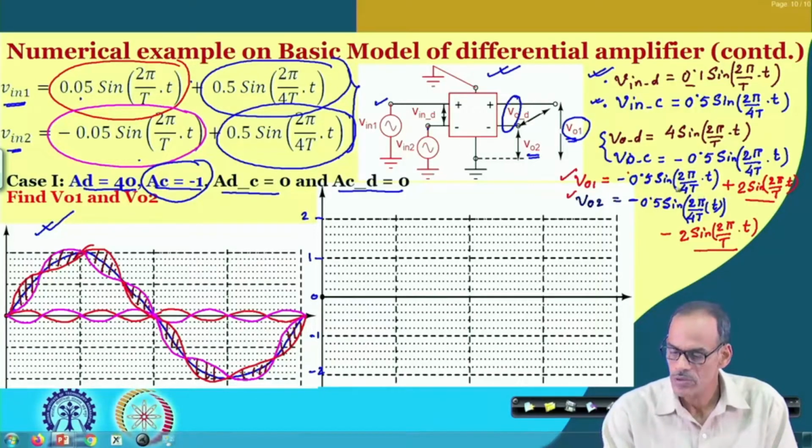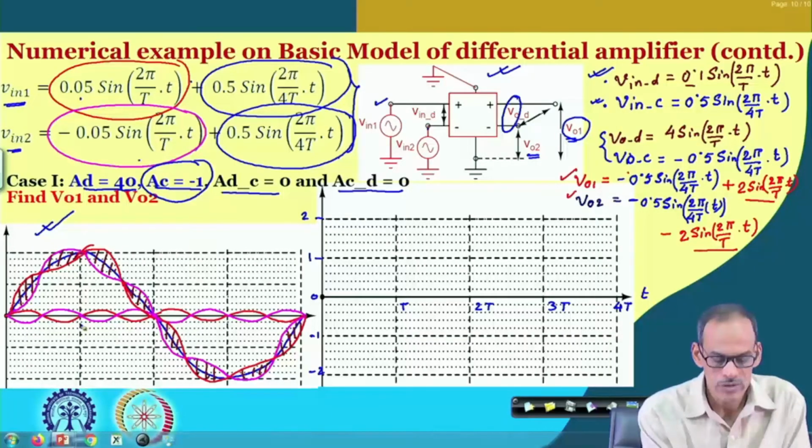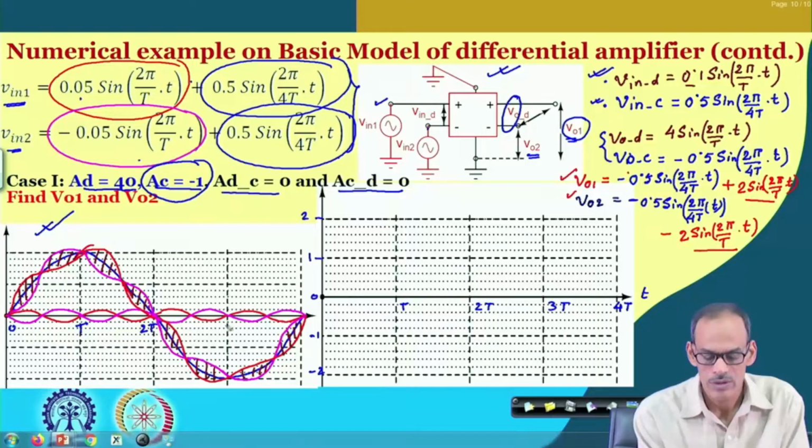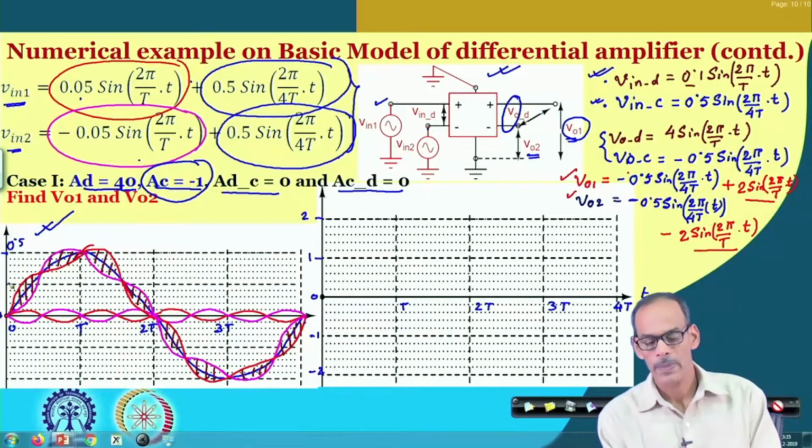Let me sketch the blue part first, having lower frequency. The time axis is 0 t, 2 t, 3 t and 4 t, and the same here also. However, this scale is different, this is 0.5, this is 0 and so on.